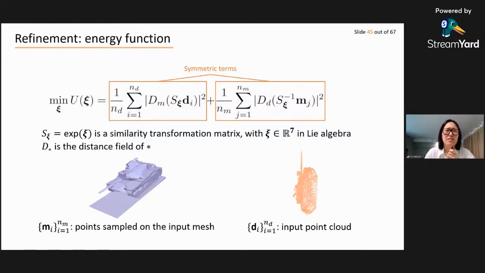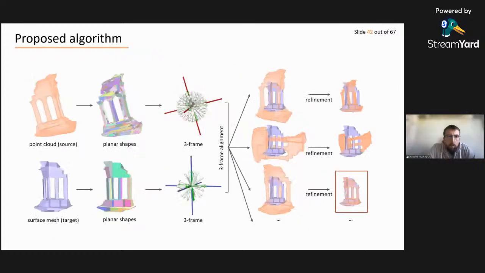Yeah, so maybe this is not the right slide. Okay, maybe we go to this more general slide. So the first step is to have this planar shape representation and try to map the main directions to each other. And this step, for the low overlap case, is sometimes not a problem.